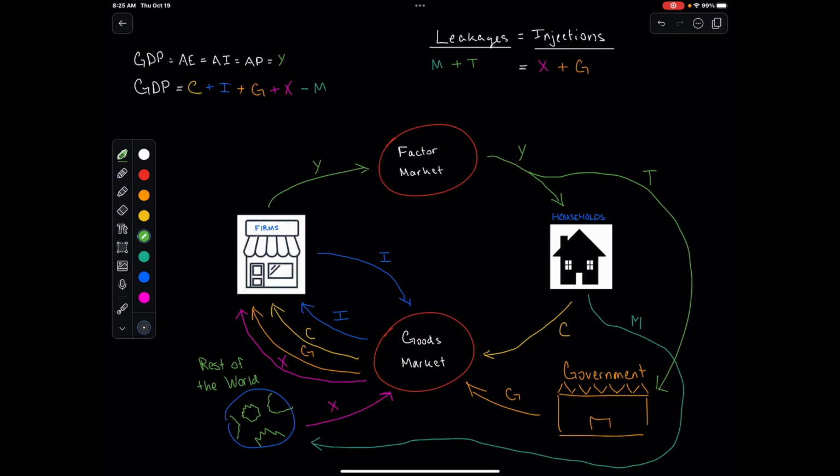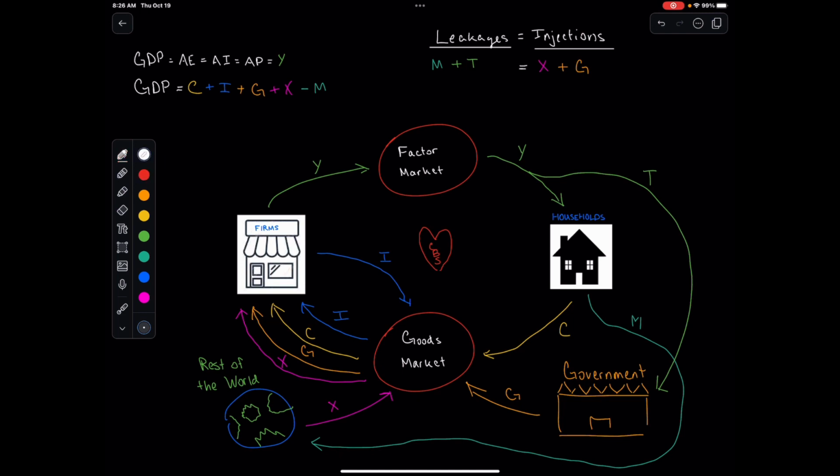Lastly, the last leakage and injection we're going to talk about is from the loanable funds market. In the middle of this economy is the Canadian banking system, or the domestic banking system, CBS. If a household, for example, doesn't want to spend their money on Nikes or hamburgers or something, they want to put it in the bank.